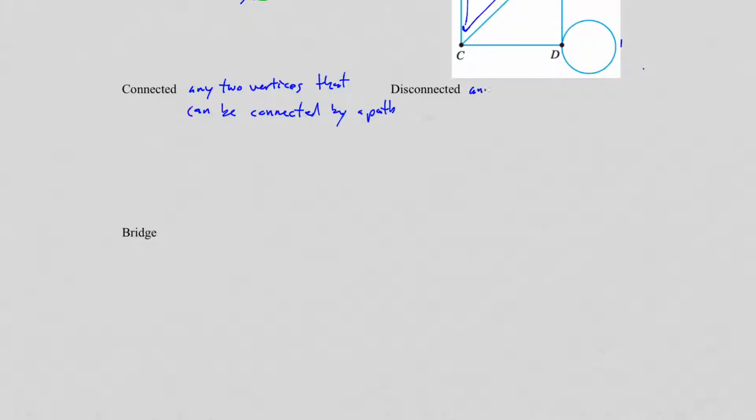And disconnected would obviously be the opposite. It's basically any two vertices that can't be connected. Cannot. Can versus can't. You have to know all these definitions for the test, of course.